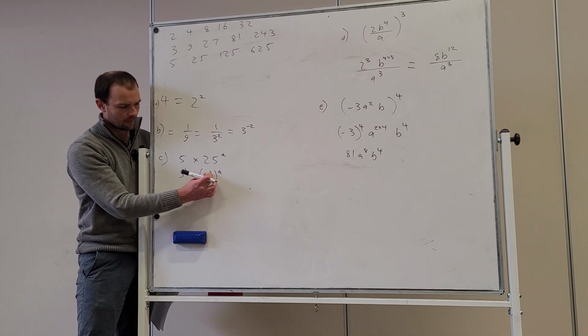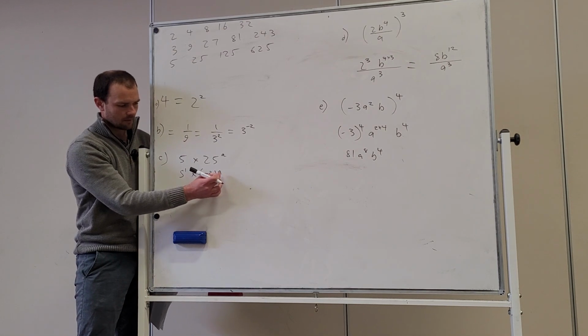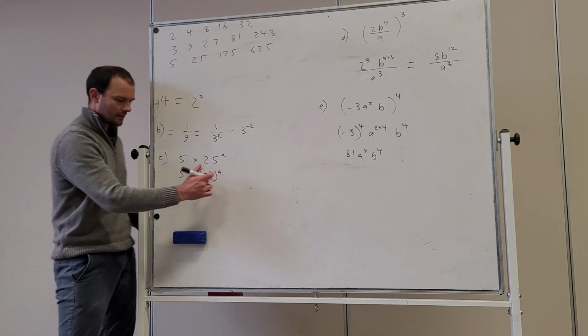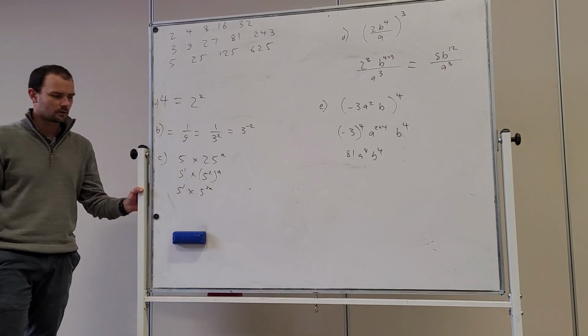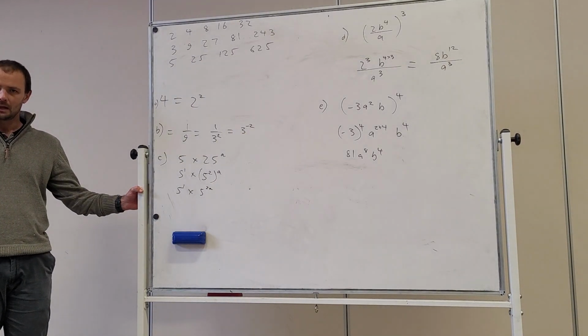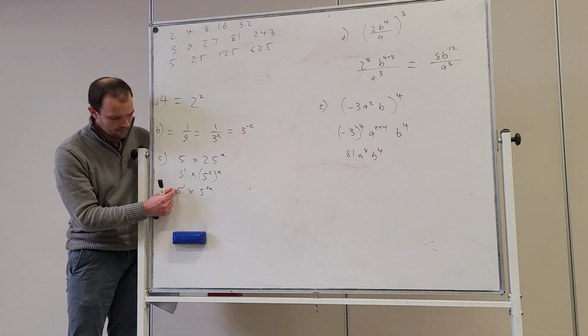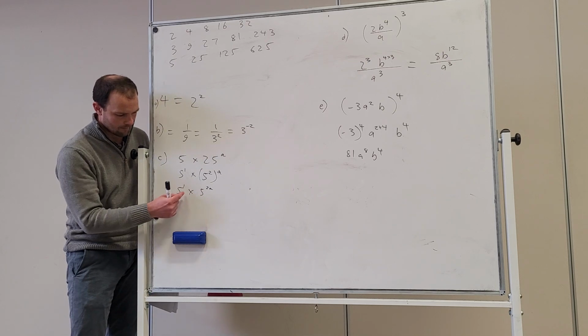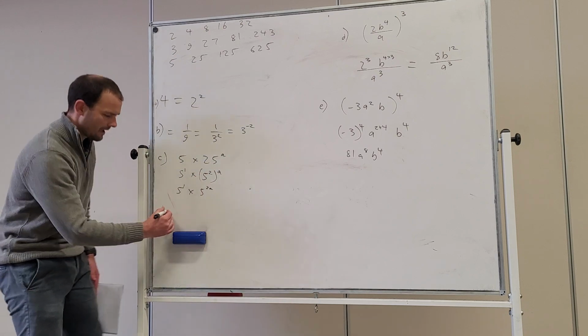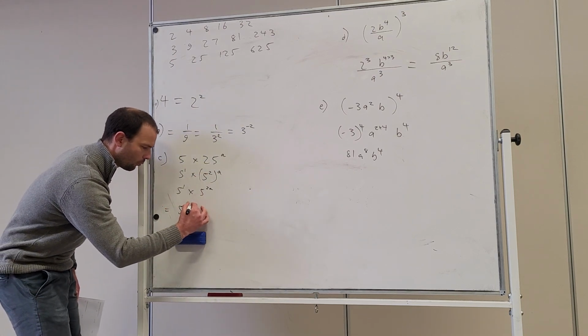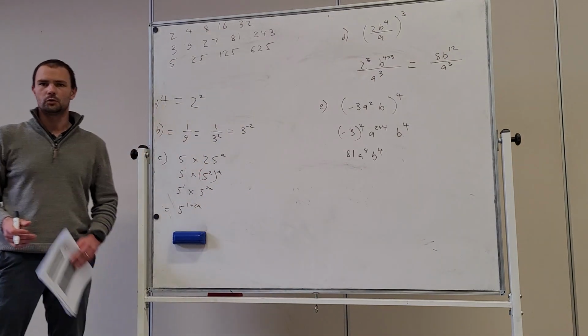Yeah? And then we have 2a, so when we have 5 to the power of 2 to the power of a, that's going to become 5 to the power of 2a. We multiply those powers. And then the last step is that these have the same base. We're multiplying them, which means we're using the first index law where we add the powers. It's going to be 5 to the power of 1 plus 2a.